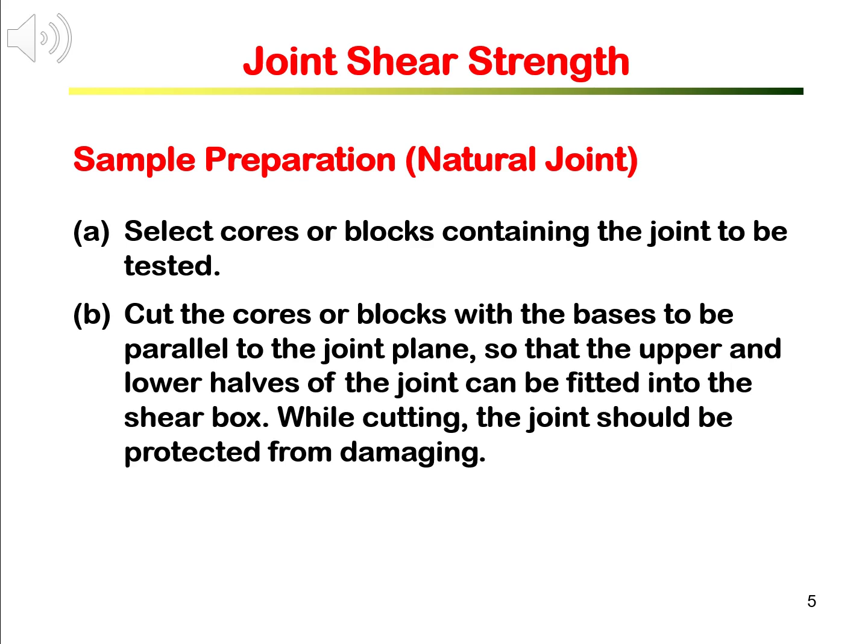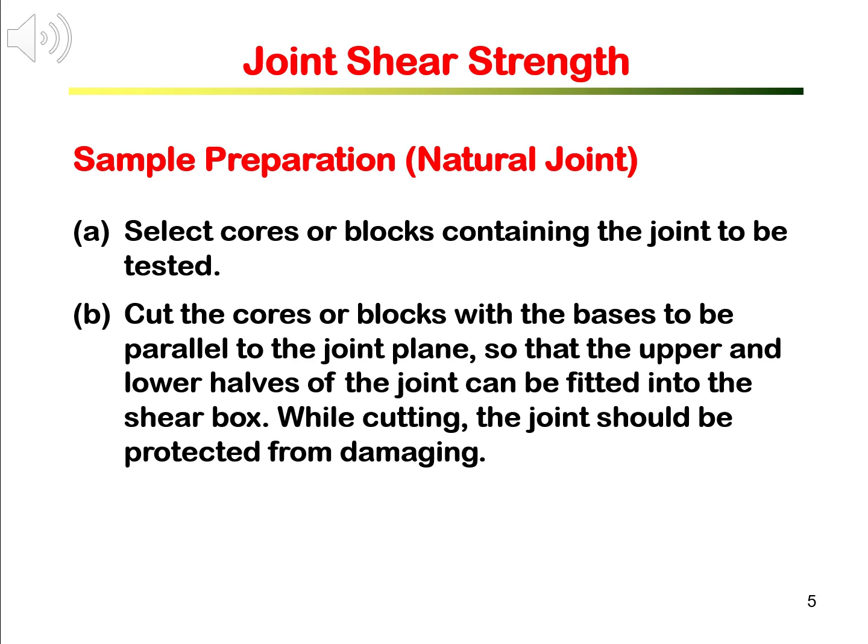If the sample is a block containing joint, then the block needs to be cut to the size and then can be fit into the shear box. First, select the rock cores or blocks containing the joint to be tested. The joint selected should be representative.